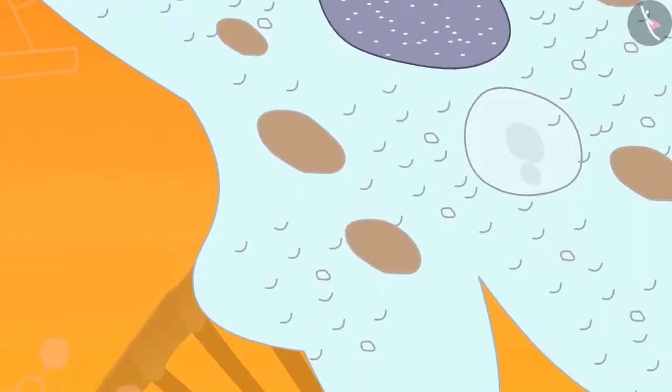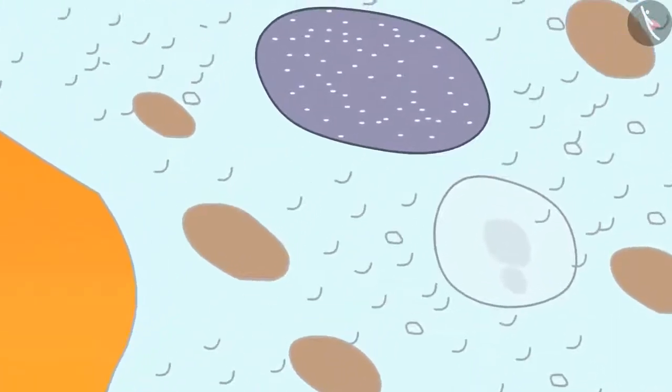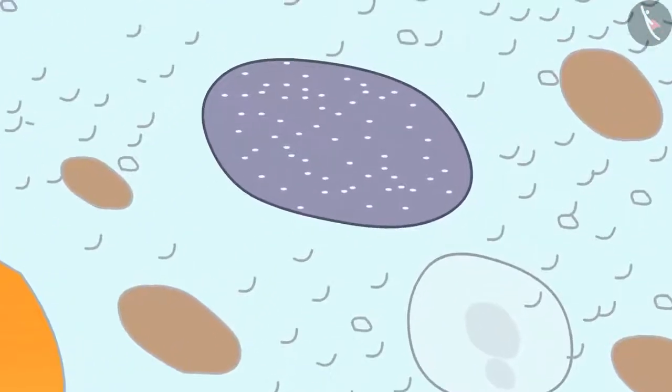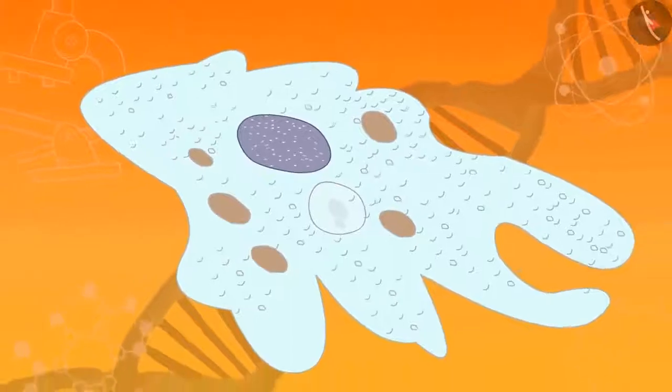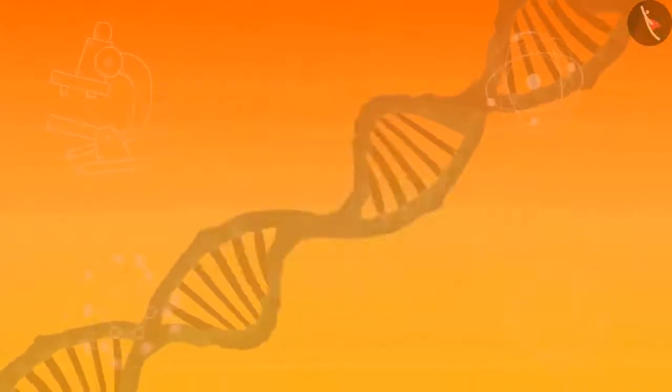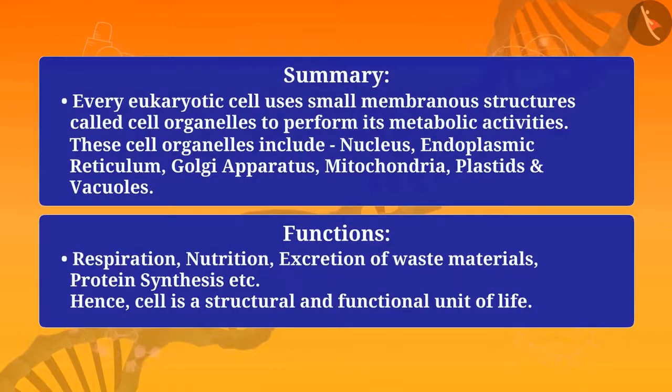In some unicellular organisms, specialized vacuoles also play important roles in expelling excess water and some waste from the cell. So, in this video, we learned about different cell organelles like the nucleus, endoplasmic reticulum, Golgi apparatus, mitochondria, plastids, and vacuoles.